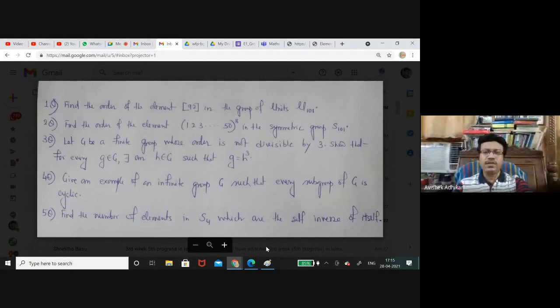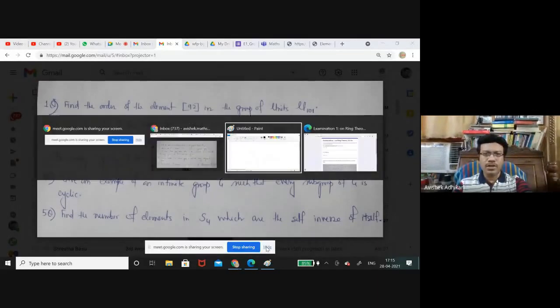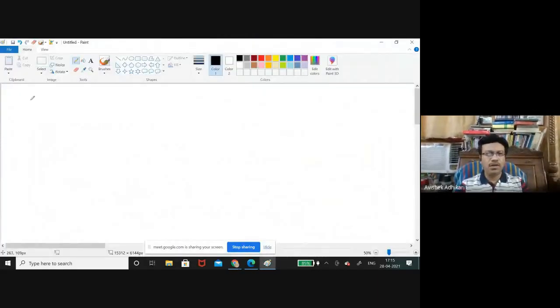Let us first have a look at the second question, which would be easier to solve. So we are actually trying to find the order of the element (1, 2, ..., 50) to the power 8 in the symmetric group S101. Okay.